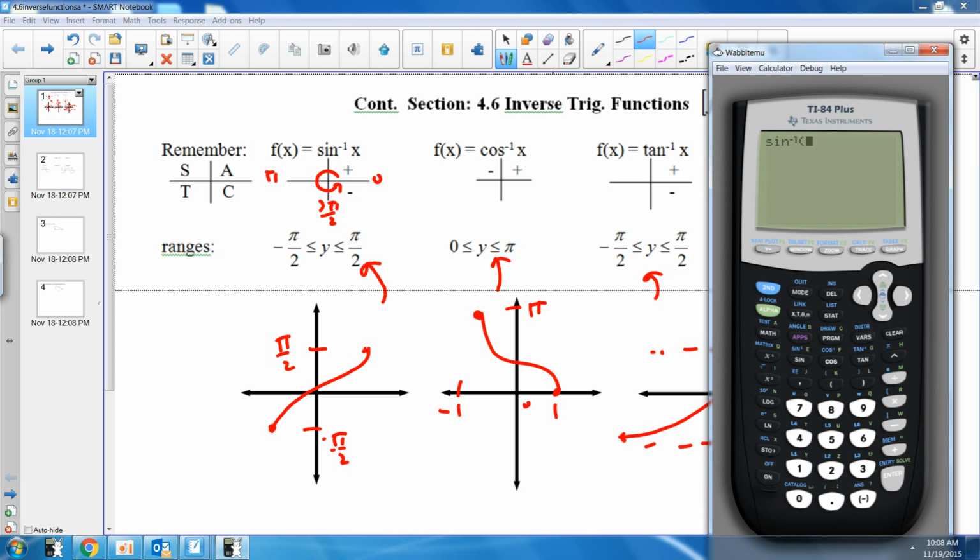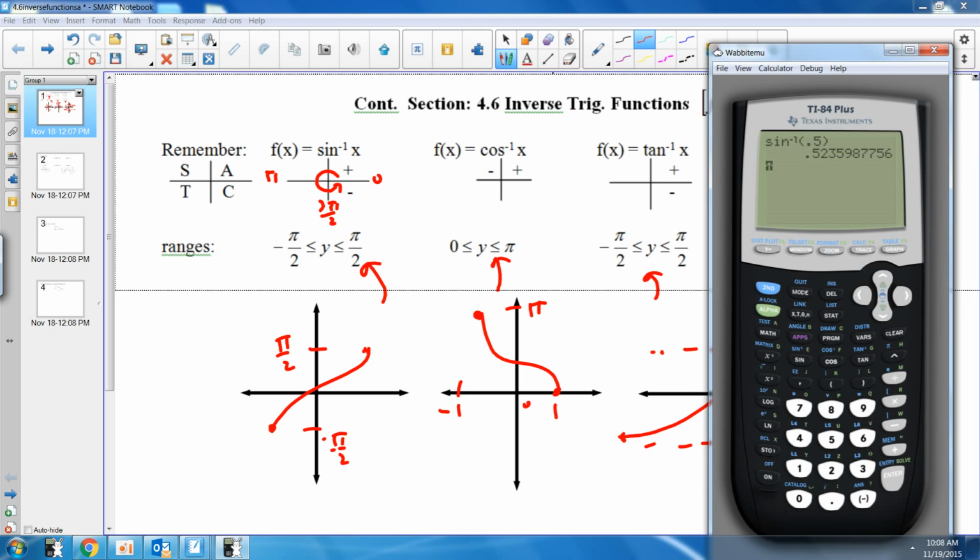Remember, when I do the sine inverse, what I'm really getting is an angle. The sine of this answer, this angle, is equal to the number that I put in. So if I just put in 0.5, you're going to see that that's going to give me 0.52 radians, which is positive. That would be in this quadrant here.